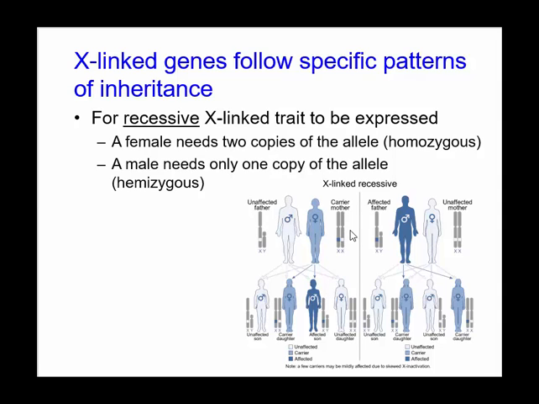Carrier, and she can have a son, say here, who's affected because he picks up the X chromosome with the affected allele. She could have a son who is unaffected because he inherits this other X chromosome. So the key here, though, is the male is going to exhibit whatever trait is on that one X chromosome, because that's all they get.